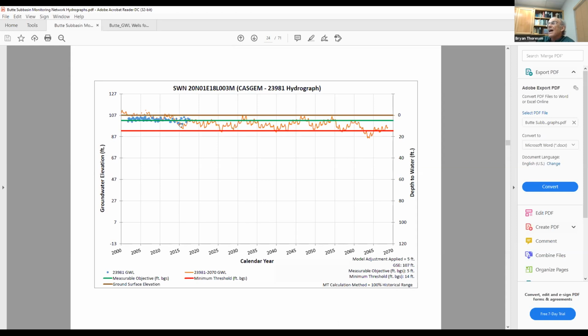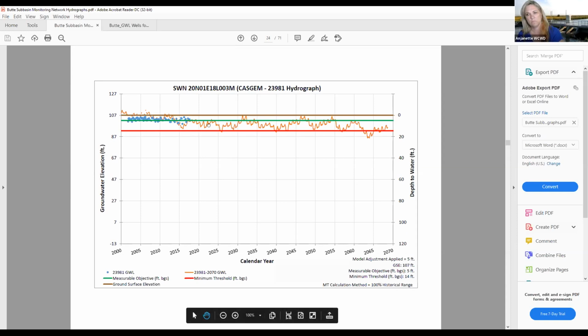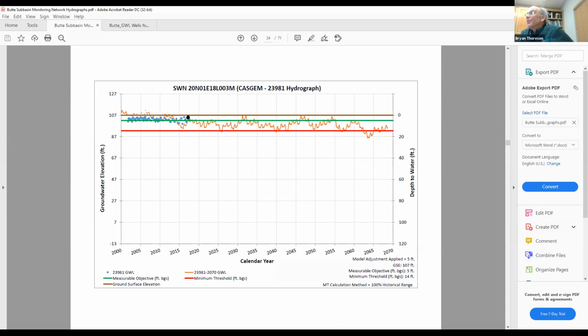Then we add that difference to the deepest, and we only end up with 14 feet. It's kind of hard to see here, but it's probably a range of 7 feet or something like that that gets added to the deepest level, which is only 7 feet below ground surface. So we end up with a minimum threshold that's pretty high.